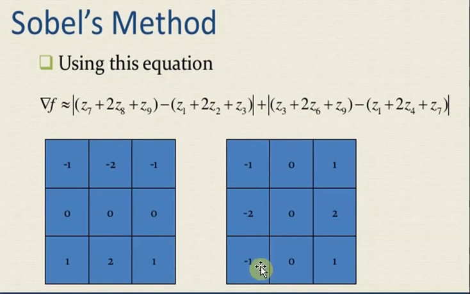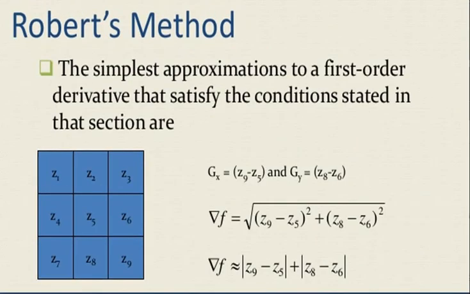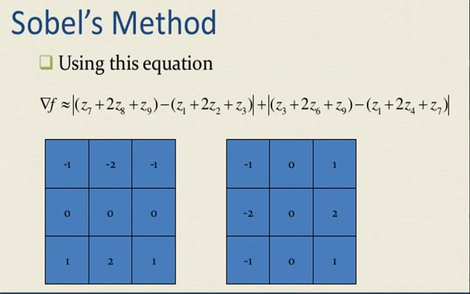So he developed his own equation, and then he developed the masks and used these masks, that means neighborhood operation, so you can get the first order gradient resultant image. Then you can get the enhanced image by using the first order operator.